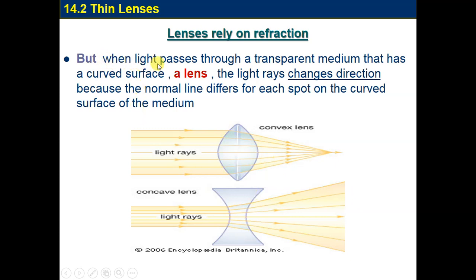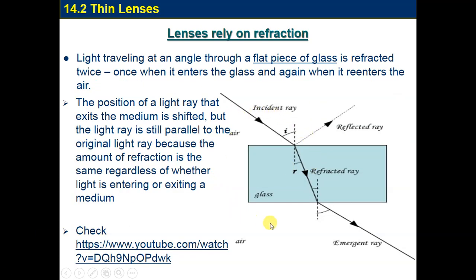Okay, but when light passes through a transparent medium that has a curved surface, which is a lens, the light rays change direction because the normal line differs for each spot on the curved surface of the medium. So here we will not have the same direction as in the case of the flat piece of glass.